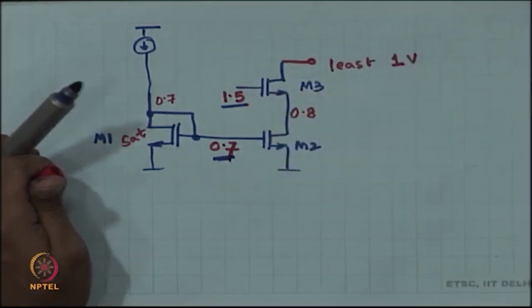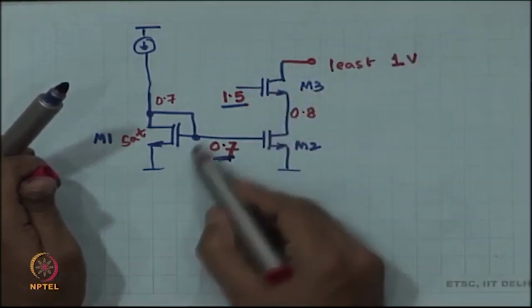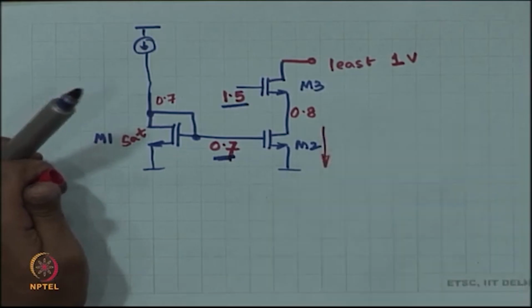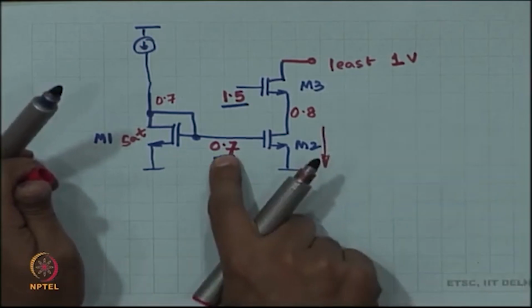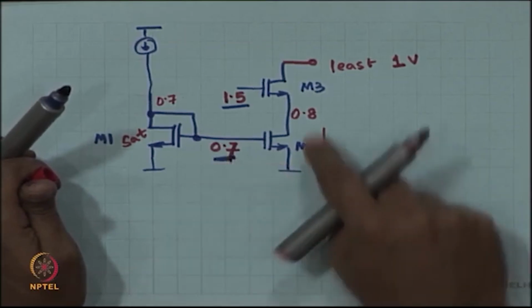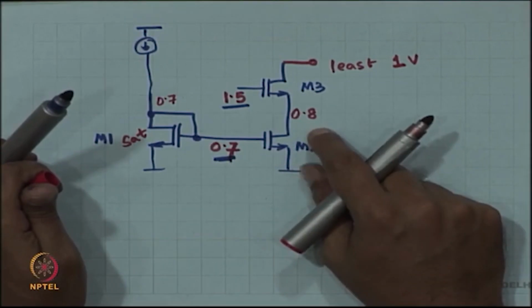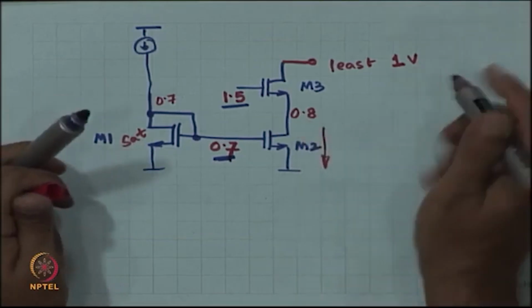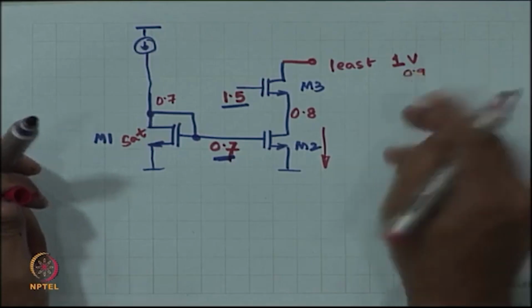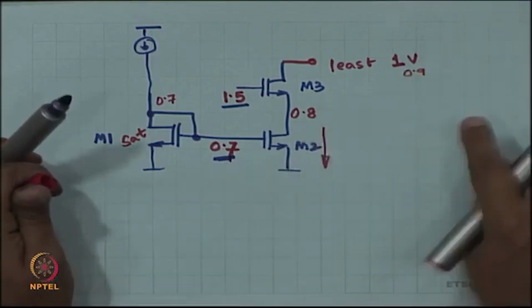M3 is going to drop out of saturation, but M2 is still trying to conduct the same current, right, because M2 still has 0.7 volts across VGS, right. VDS we do not know, but hopefully let us make this 0.9, let us drop it to 0.9. Okay.